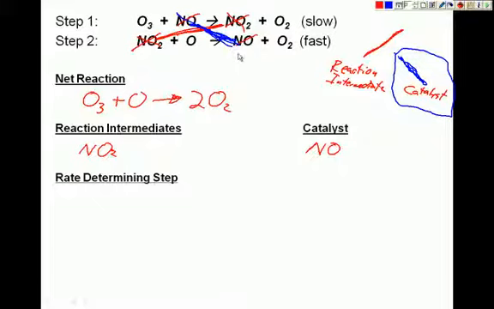So it's a catalyst. Now, the rate determining step is just the slowest step. Let's get that into our notes. The rate determining step is the slowest step, and the slowest step is step 1. So step 1 is what we call the rate determining step.